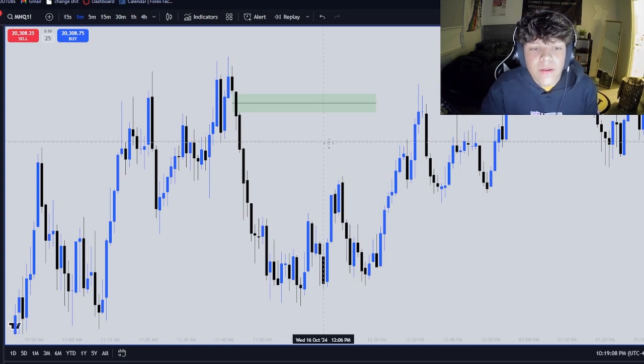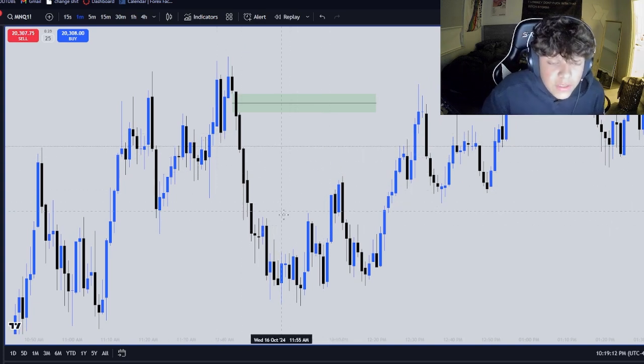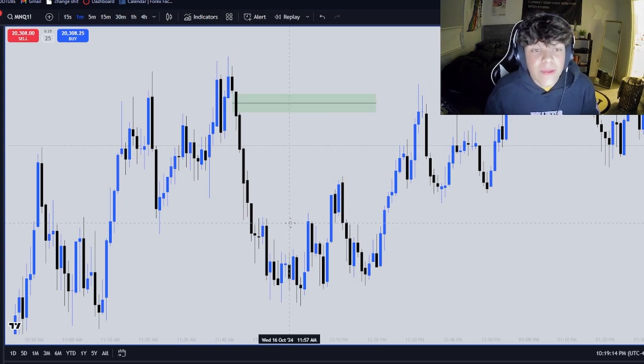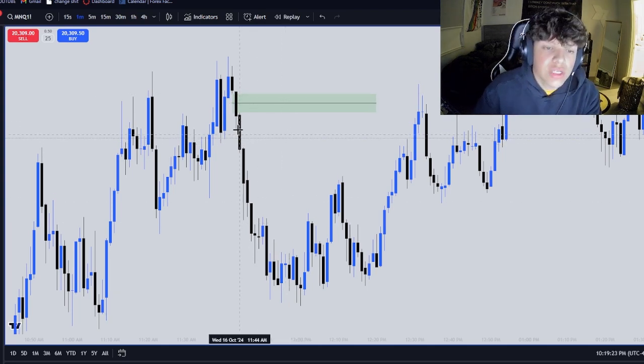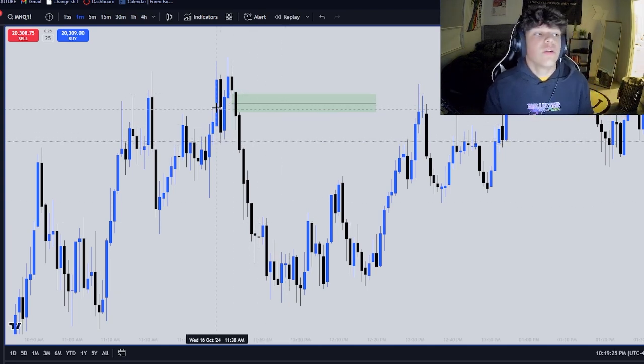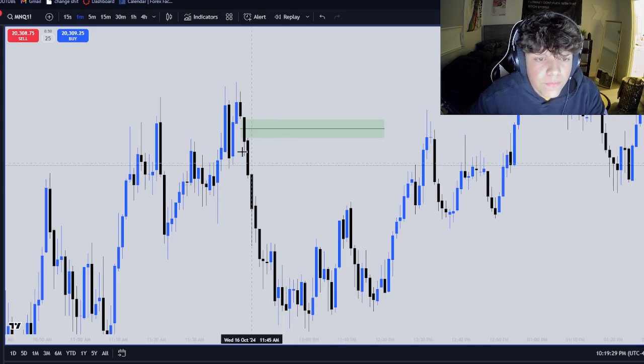Now, I'm not saying you can't take a trade off of these little fair value gaps over here. All I'm saying is it's better to take trades off of fair value gaps that are much higher or lower. In this move downwards, we get 3 different fair value gaps created, and I only marked out this one.